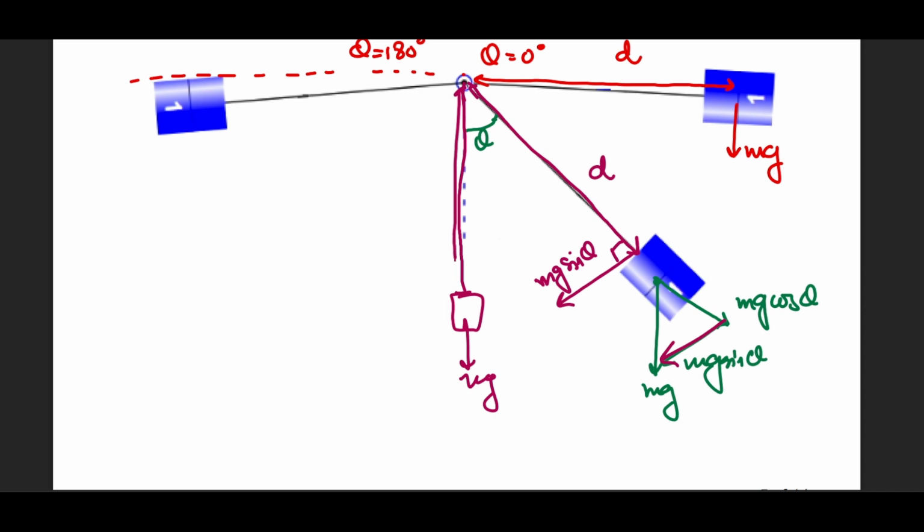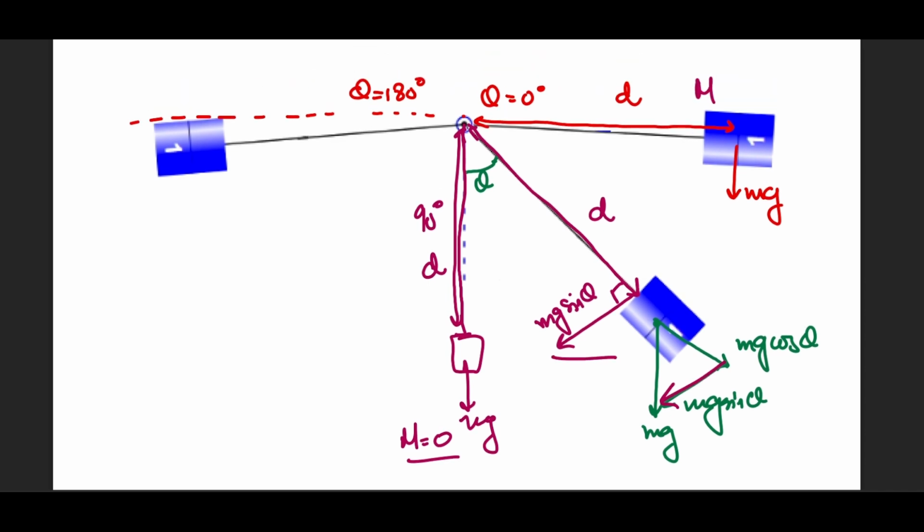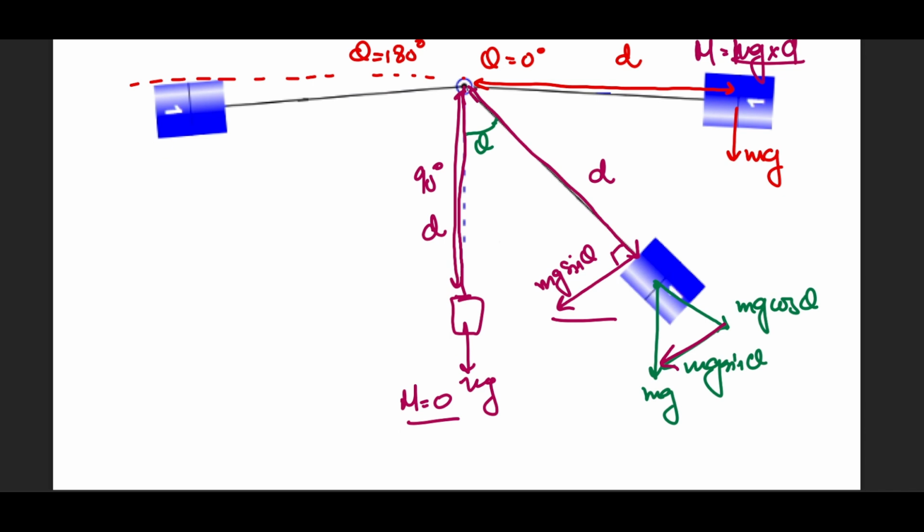The distance is also in this direction. There is no angle between the force and the distance. So at this point, the moment becomes 0, at an angle of 90 degrees, right? Over here, it was not 0, but it was decreasing, because at this point, the moment was equal to mg multiplied by d, maximum moment, right? And slowly it decreased to become 0, then started to increase again.